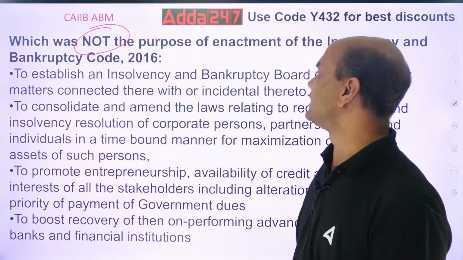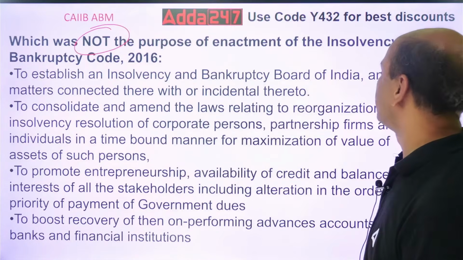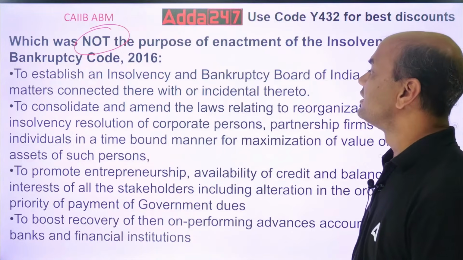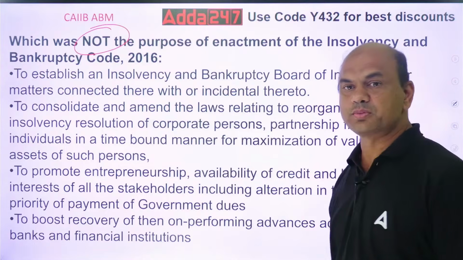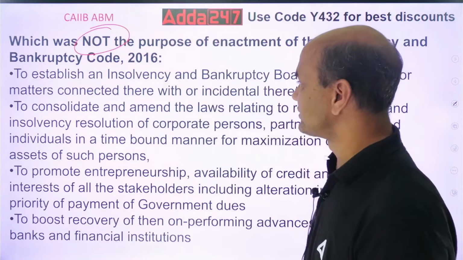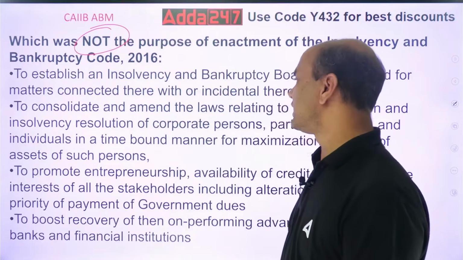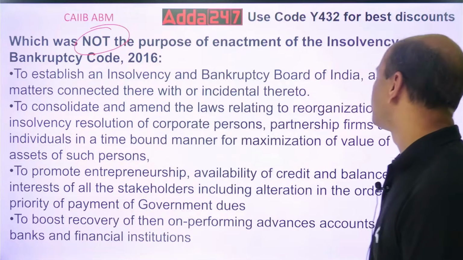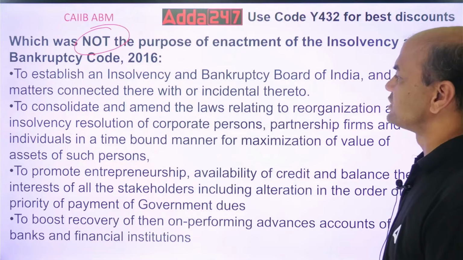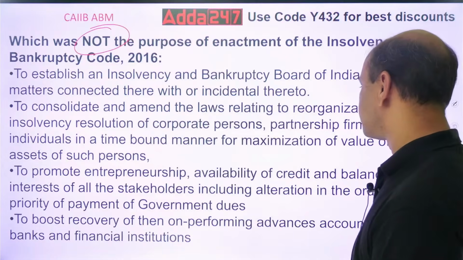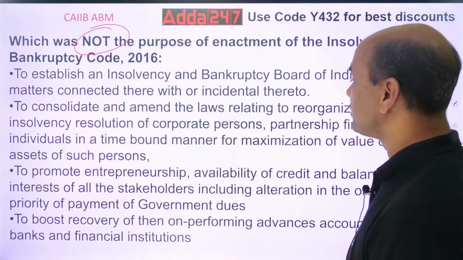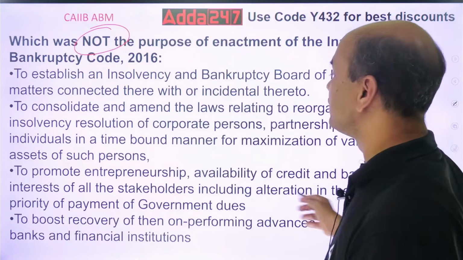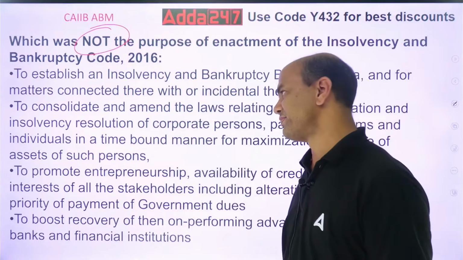To establish an Insolvency and Bankruptcy Board of India and for matters connected therewith or incidental thereto. So, board to be established. Was this not the purpose? To consolidate and amend the laws relating to reorganization and insolvency resolution of corporate persons, partnership firms and individuals in a time-bound manner for maximization of value of assets of such persons.